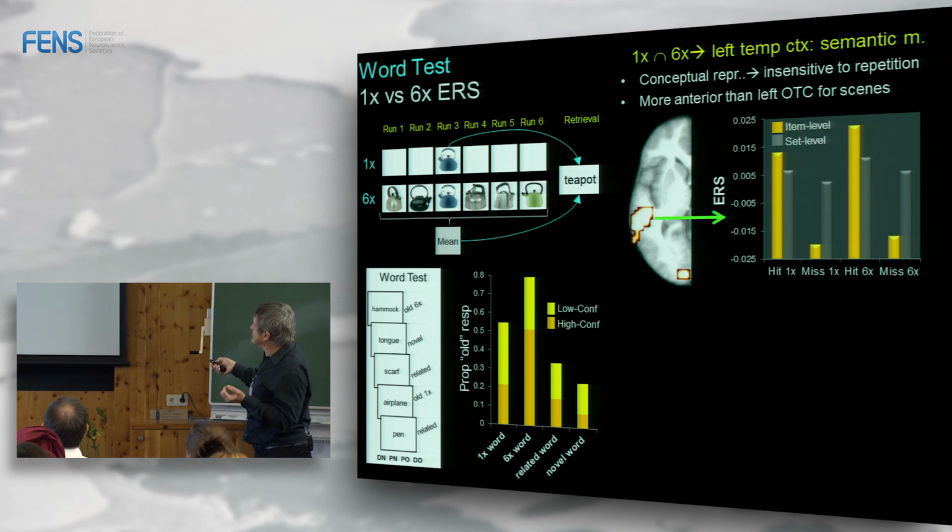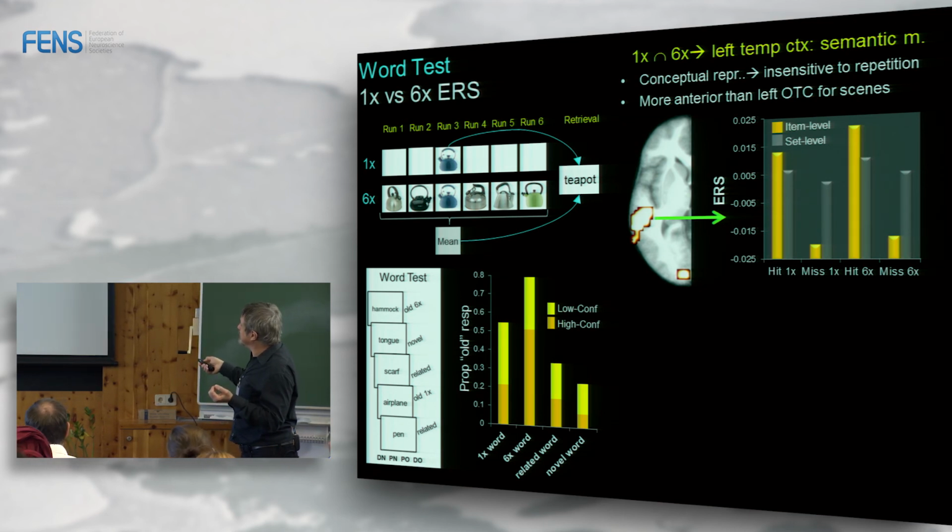So what we found is that the left temporal cortex was showing greater similarity for hits than misses, for both the 1x and the 6x.